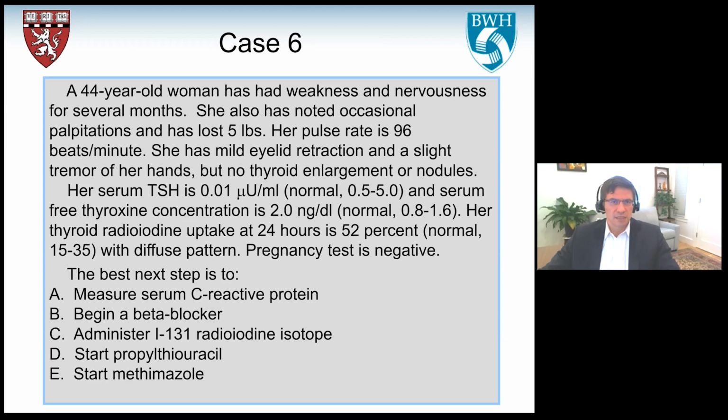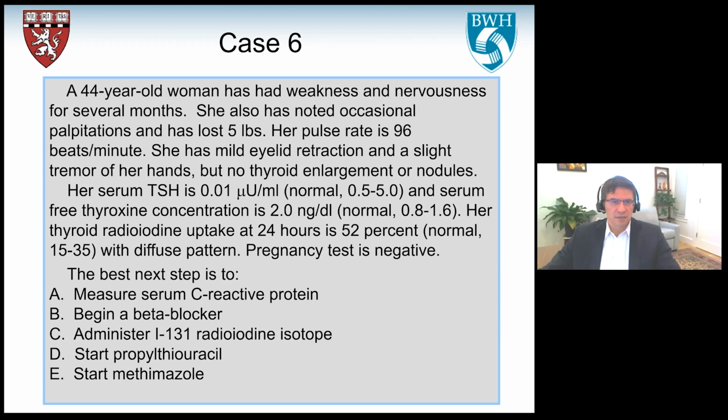Her serum TSH is 0.01 microunits per mL, with the lower limit of normal being 0.5, and serum free thyroxine concentration is 2 nanograms per deciliter, with the upper limit of normal being 1.6. Her thyroid radioiodine uptake at 24 hours is 52%, with normal ranging between 15 and 35%, with a diffuse pattern.